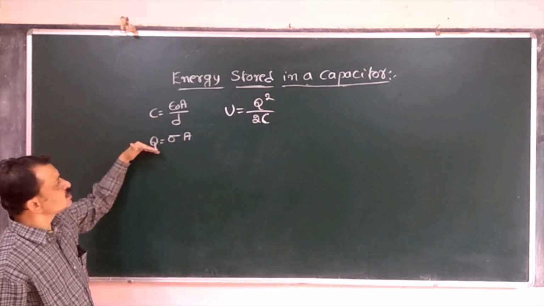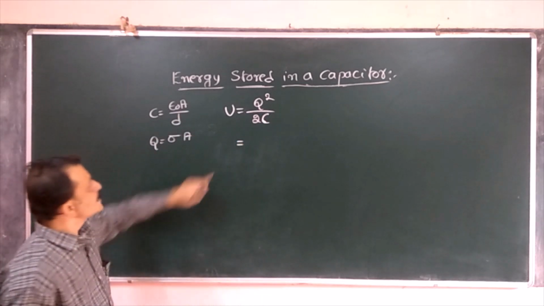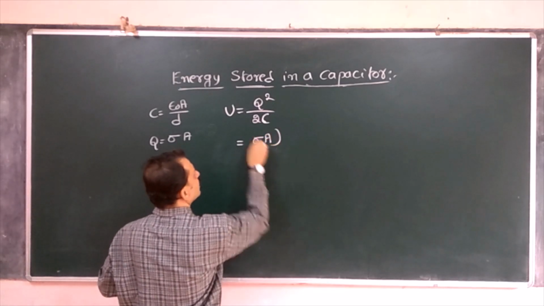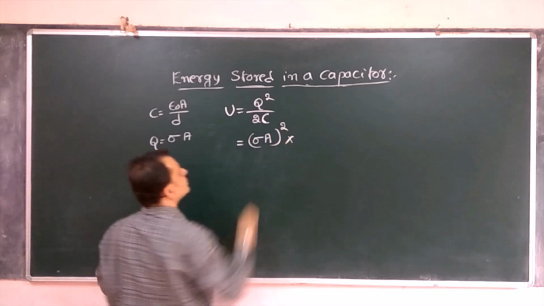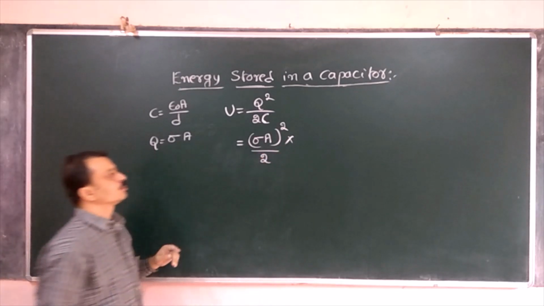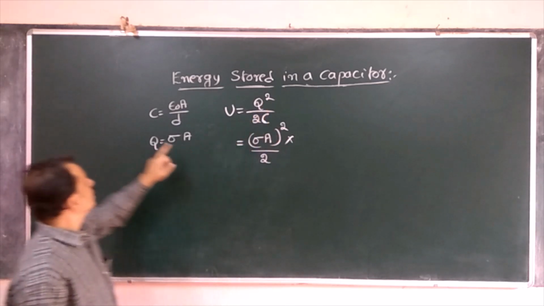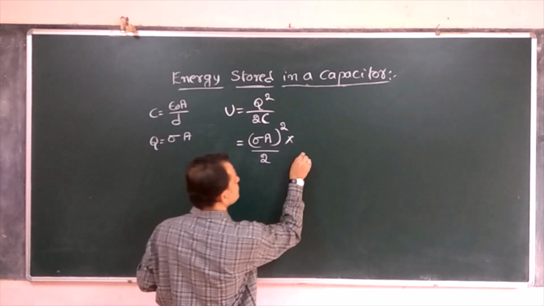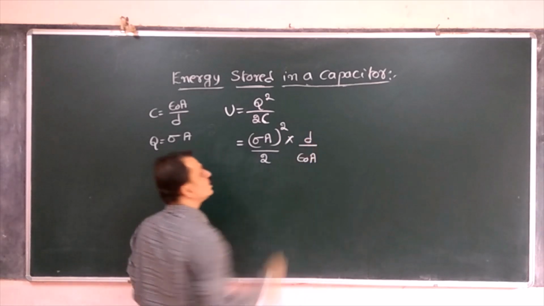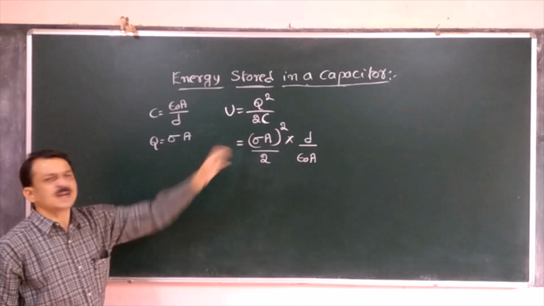Now if I substitute these two values here, what will I get? Q is sigma A, therefore it is sigma A whole square divided by 2 into C, where C is in the denominator. Substituting C as epsilon naught A divided by D, D comes in the numerator.